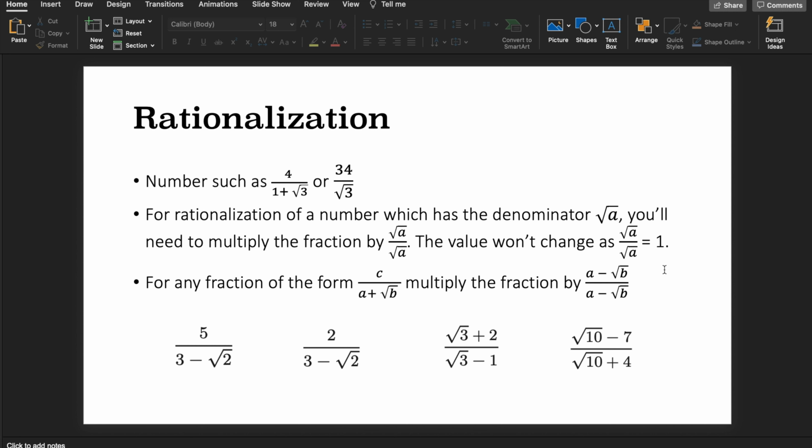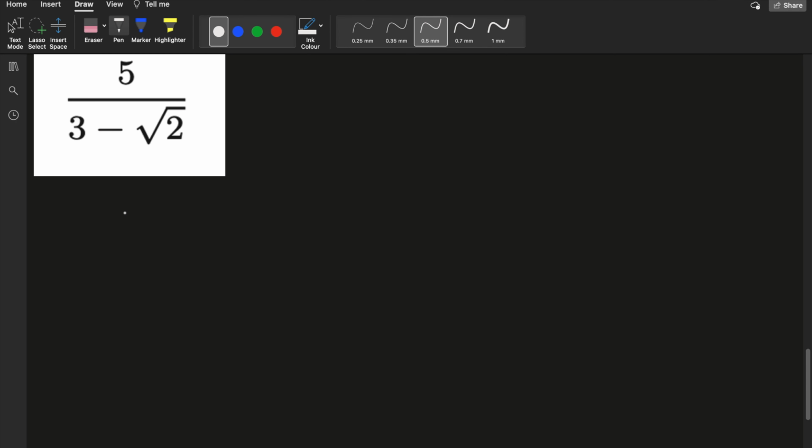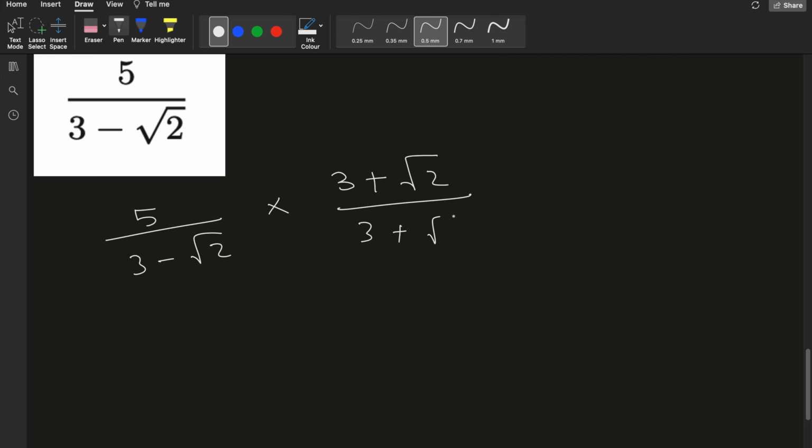So now let's solve a few examples. This is our first problem. This would be 5 divided by 3 minus square root of 2. We'd have to multiply this by 3 plus square root of 2 divided by 3 plus square root of 2.